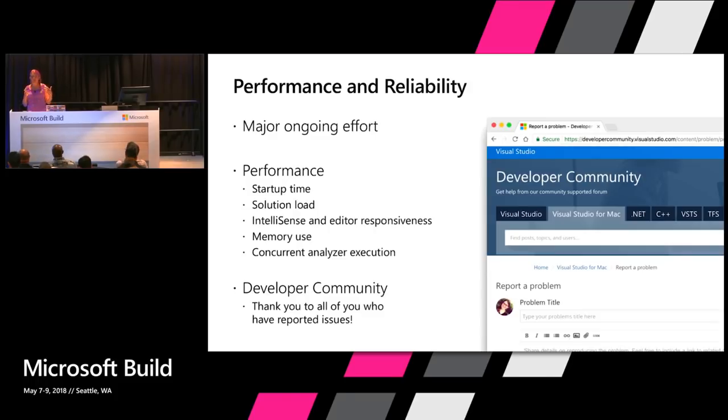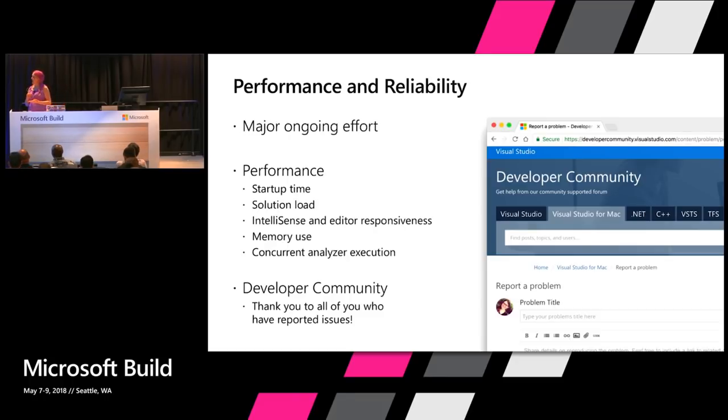Also reducing memory use to reduce GC hangs, and even things like concurrent execution of Roslyn analyzers, which makes results come back faster. We have a lot of improvements in the 7.5 release, with more coming up in 7.6.